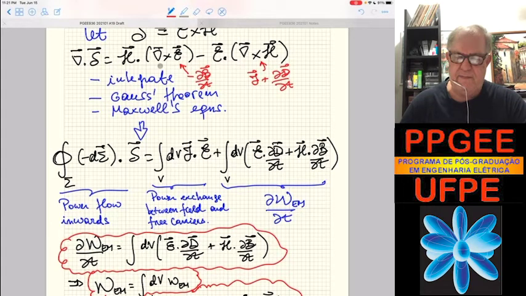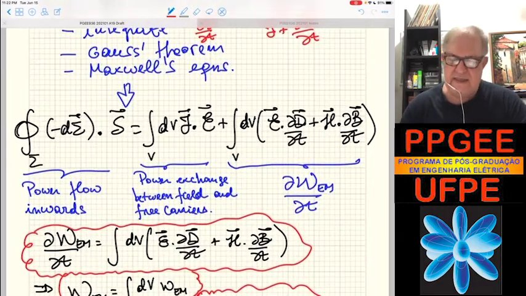So it's going to be plus H dot dB dt, which is here, because I have a minus with a minus H dot dB dt. Here we have minus J dot E with minus, equal to plus, is right there. The other term is E dot dD dt, minus, which is plus, right there. So that's what we have.